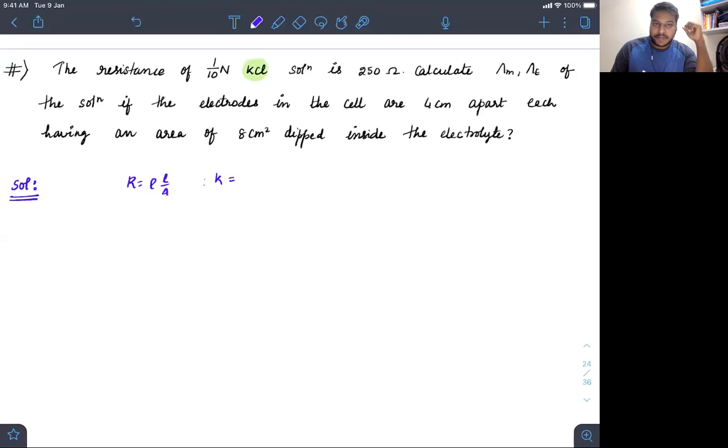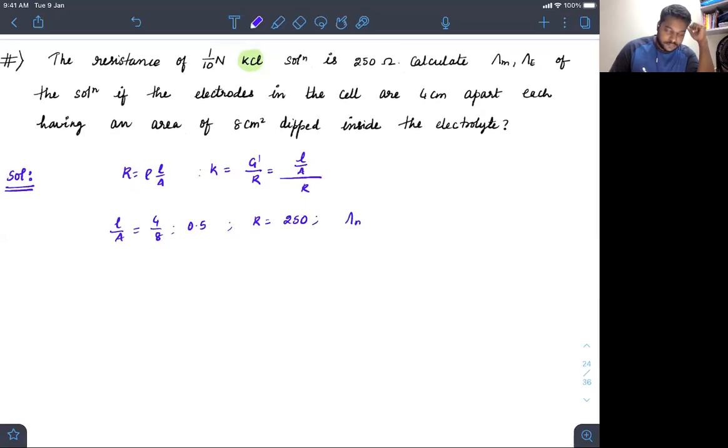Lambda e आ गया, lambda m आ गया और lambda e आपको पता है कितना होगा. Okay, what's equal to 5.